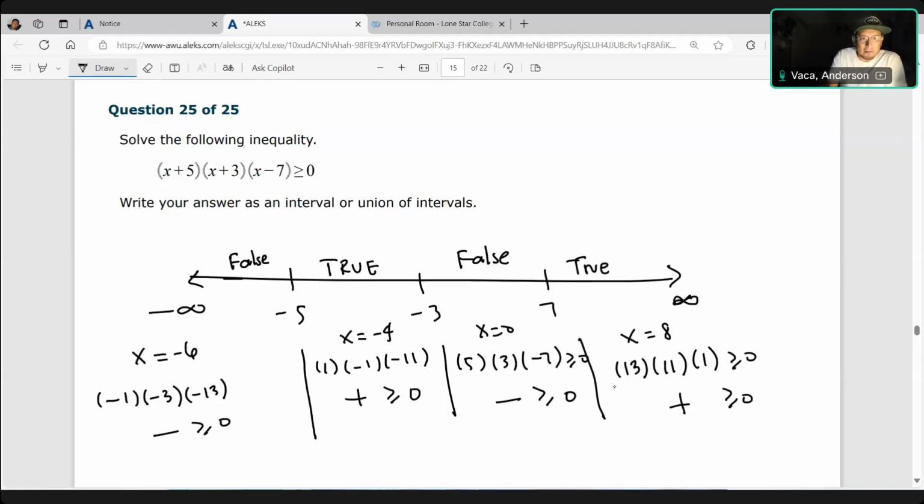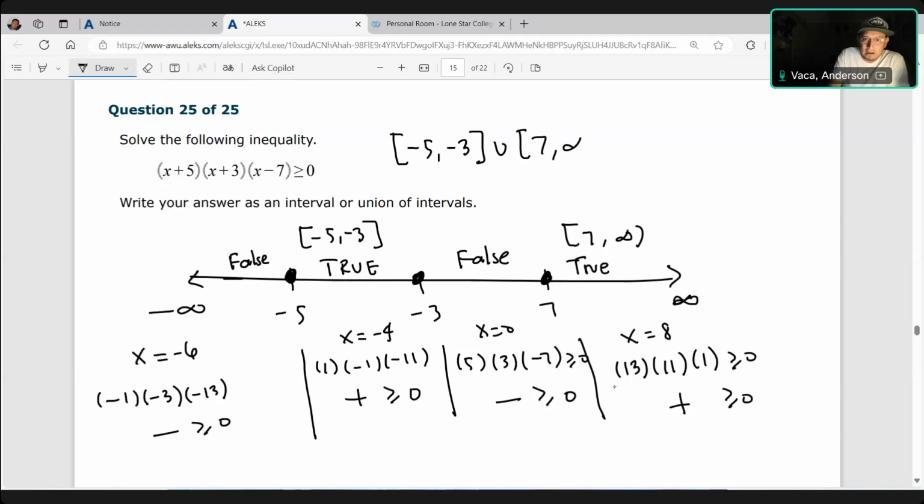So the interval will be solid circles, with bracket -5, -3 bracket, and here we get bracket 7 to positive infinity. So we get the interval from -5 to -3, union from 7 until forever. And that's it.